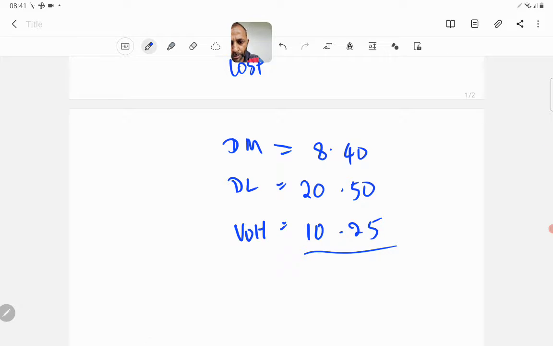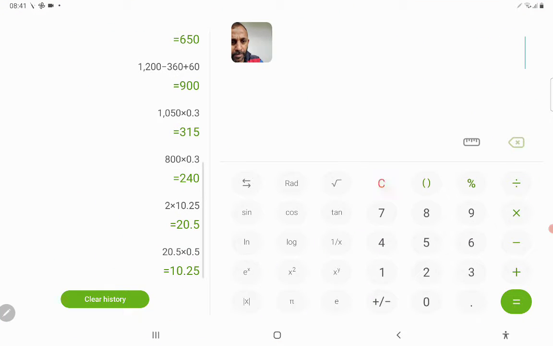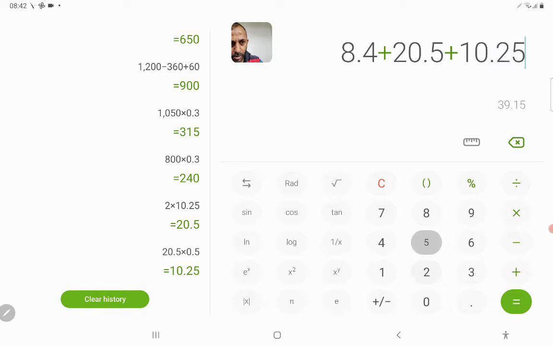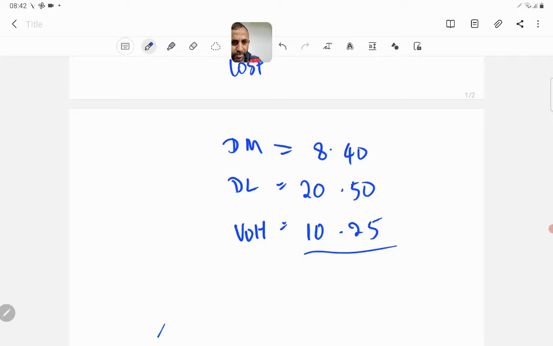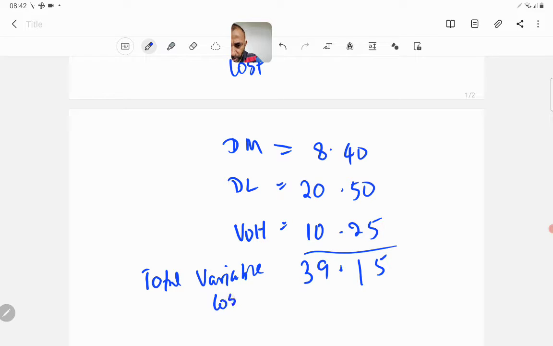So we can take the total of these three: $39.15. This is the total variable cost.